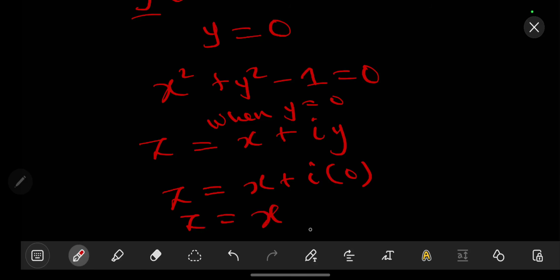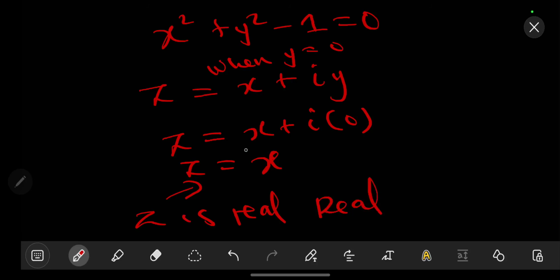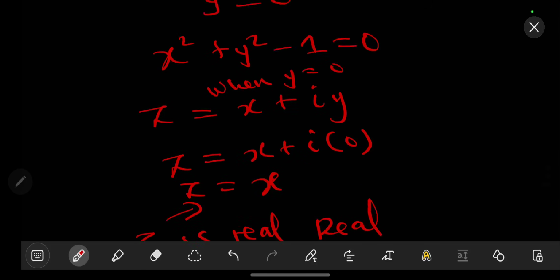Now, if x is a real number, it simply means z is real. So we have proved the first part of the equation. Z is real because when you put a 0 there, it gives you just x. X might represent any number, such as 5. It means z is real.